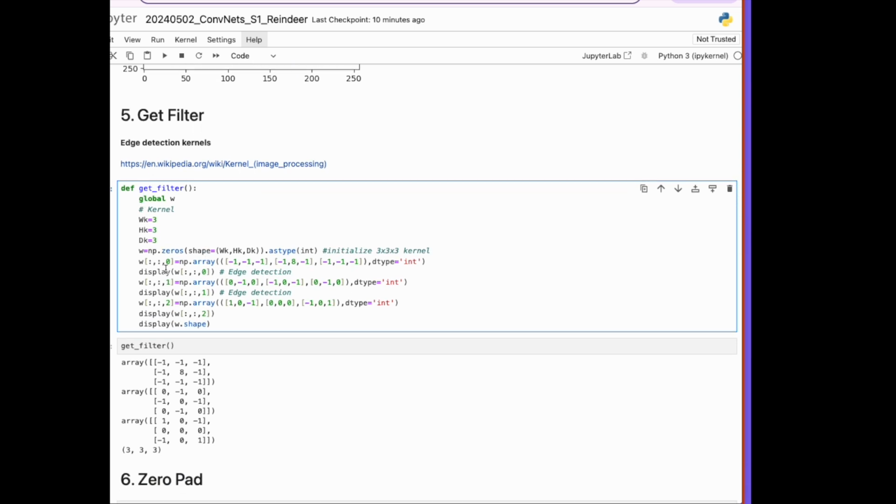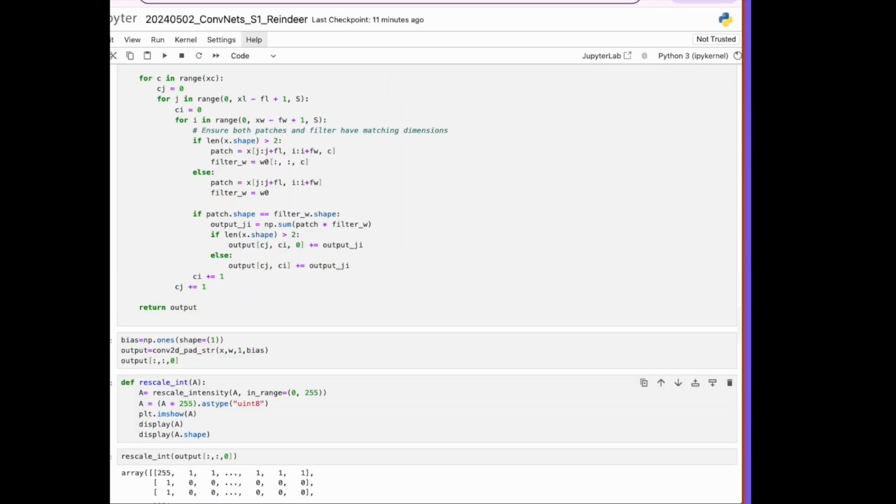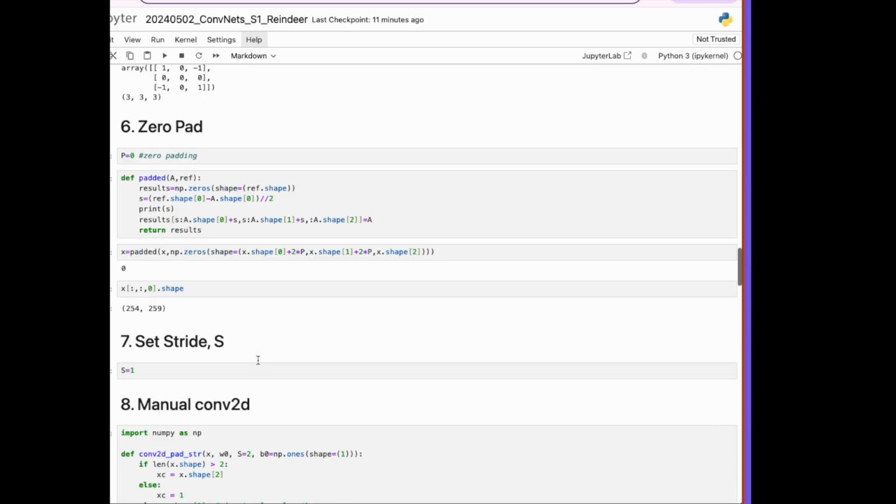However, I would expect something different than this, and I would like to know why. Let's put here a 2, and here a 2. So it highlights nothing.